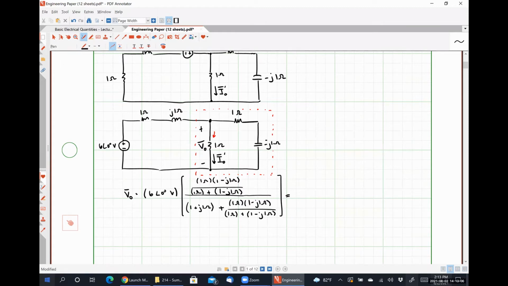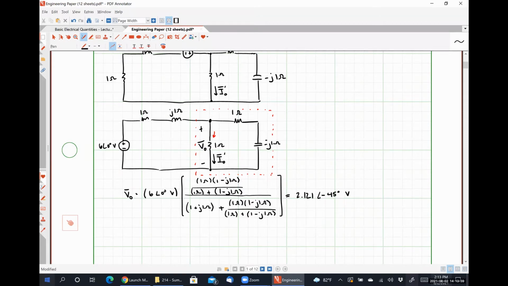Then I have 1 plus 1i plus 1 minus 1i over 2 minus 1i. And I get 2.121 with an angle of negative 45 degrees volts.